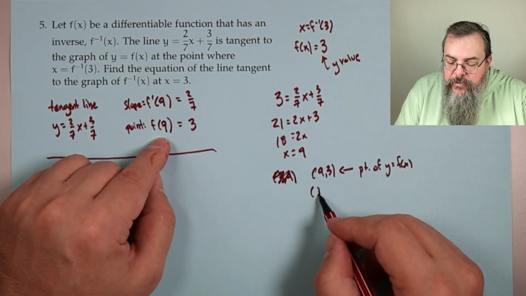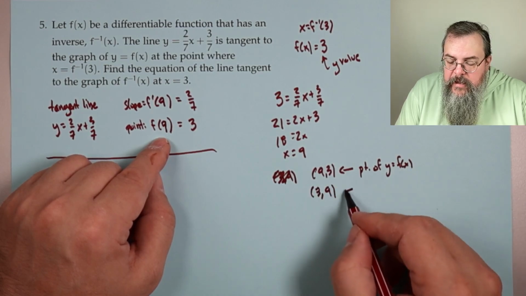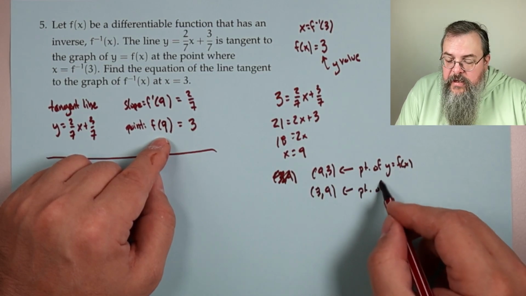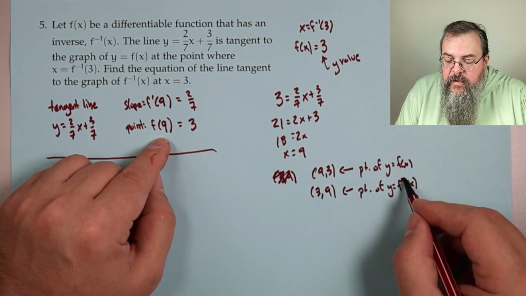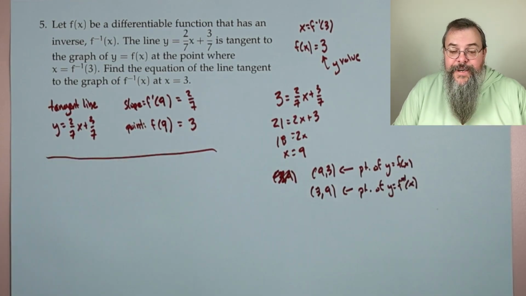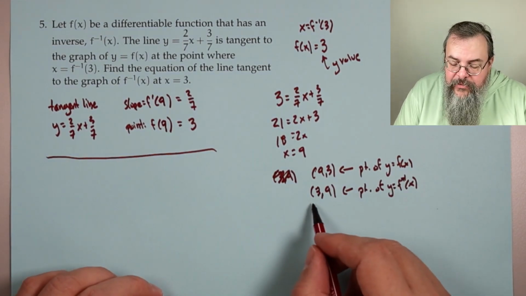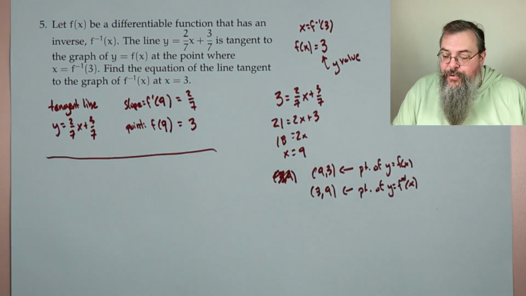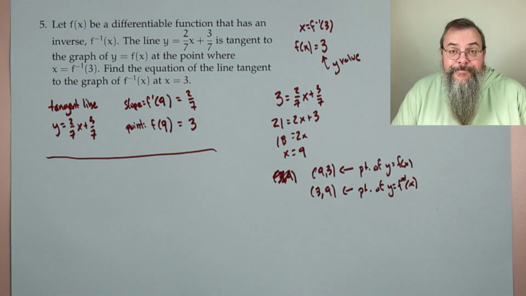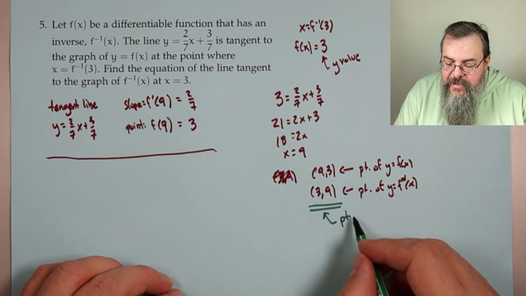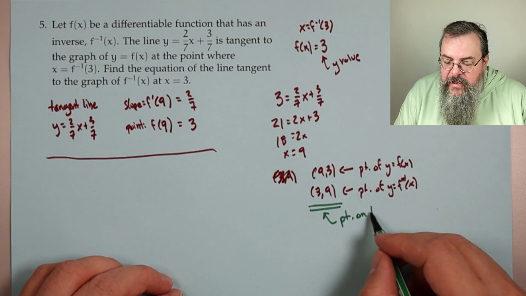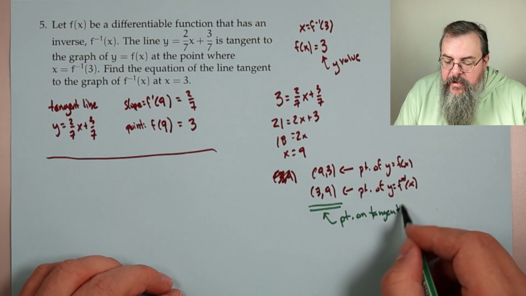So the point 3, 9, that's the point on y equals f inverse of x, because you swap x and y. So good news for us. So that's one piece of information.